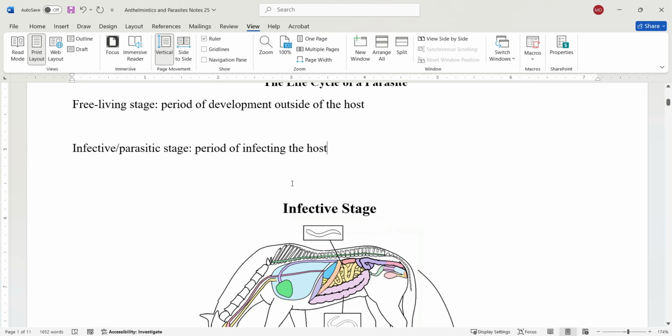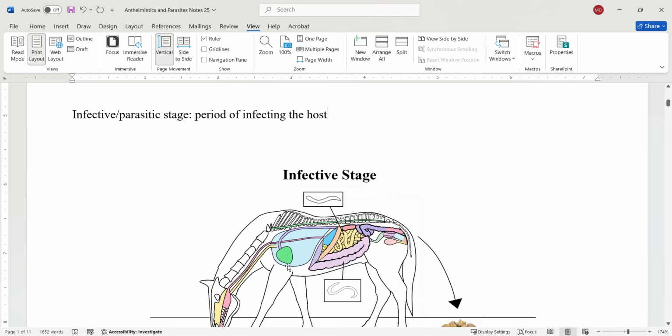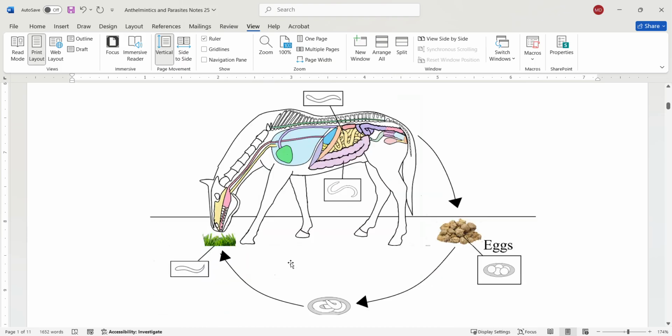And so every parasite is going to go through these stages differently, and we're going to talk about them because knowing these life cycles is going to help us be able to control them. But just know that these parasites go through this cyclical life cycle. It just repeats itself between being outside and inside. And these are all happening simultaneously.